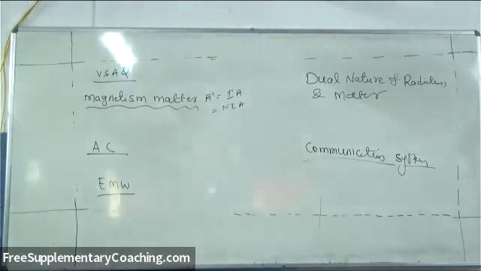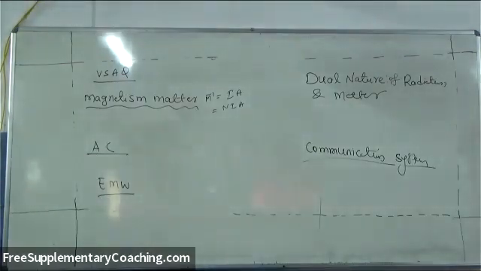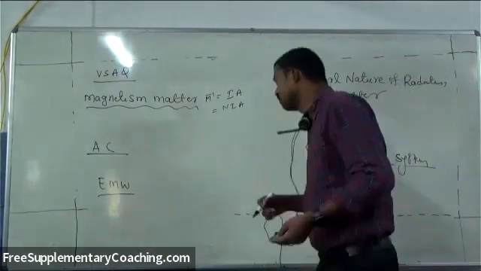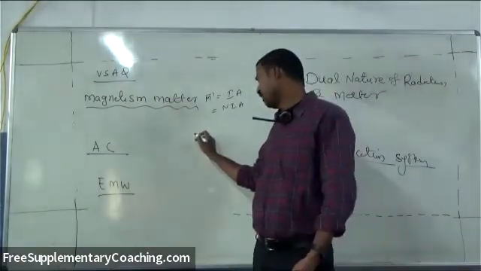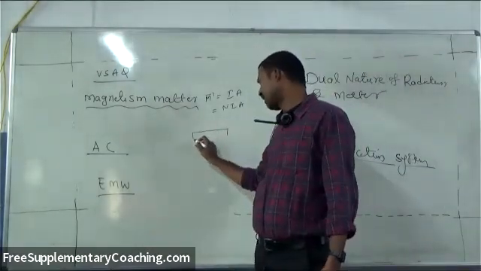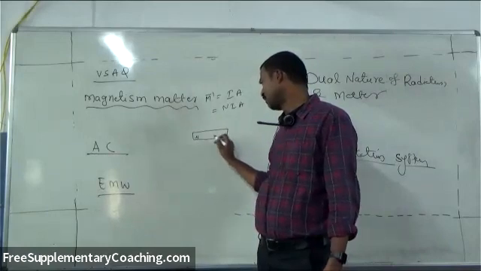Why are magnetic lines of force continuous closed loops? A magnet exists with a north and a south pole.